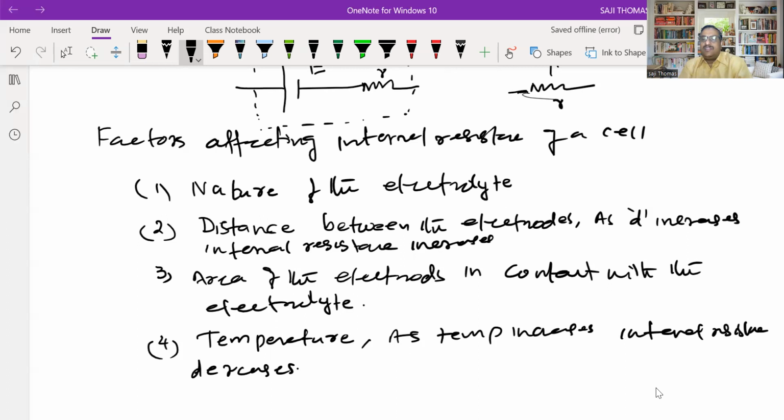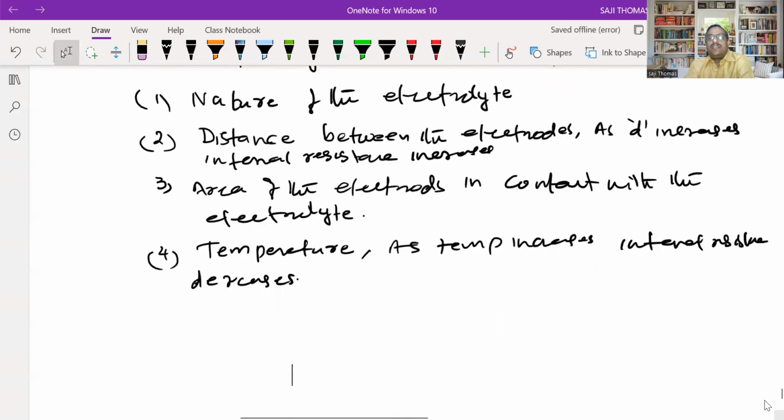Current has to be drawn from the cell's electrolyte and used for starting the car. So in summer, due to high temperature, internal resistance will be less. During winter, internal resistance of the cell will be high. That is why it is easy to start a car engine during summer. So this is about the internal resistance of a cell.